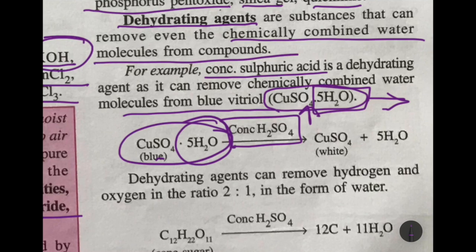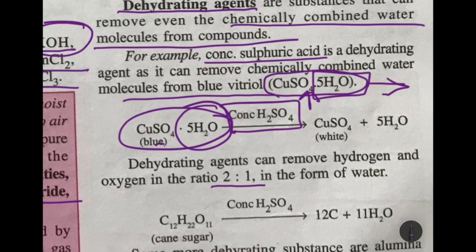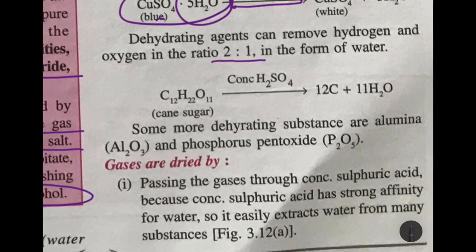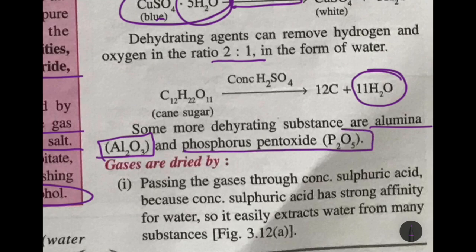Dehydrating agents can remove hydrogen and oxygen in the ratio 2:1 in the form of water. You can see from here how concentrated sulfuric acid has removed 11 molecules of water from sugar. Some more dehydrating substances, examples: aluminum oxide, also known as alumina, and phosphorus pentaoxide.